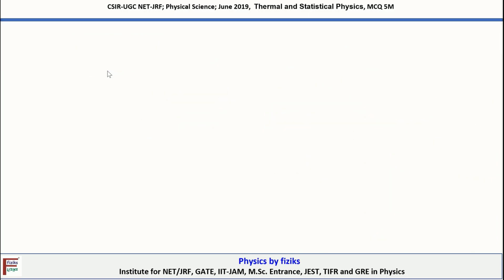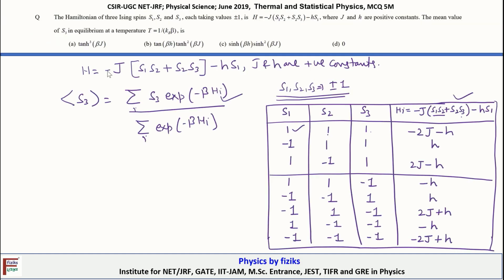Now we can calculate the corresponding value for the average value of the spin S3. Okay, so this is equal to, let me go back to the previous page. So now the first term will be S3 multiplied by the corresponding exponential minus beta H1. Let me call this the first energy value H1, and this H2, and this H3, and so on.